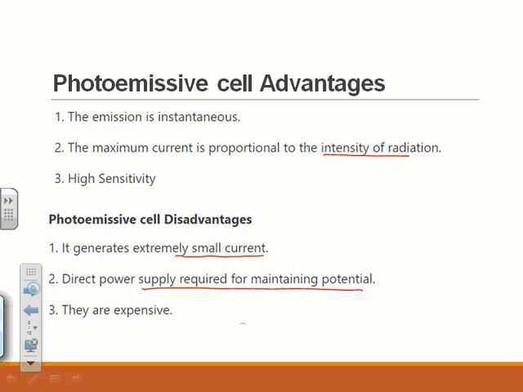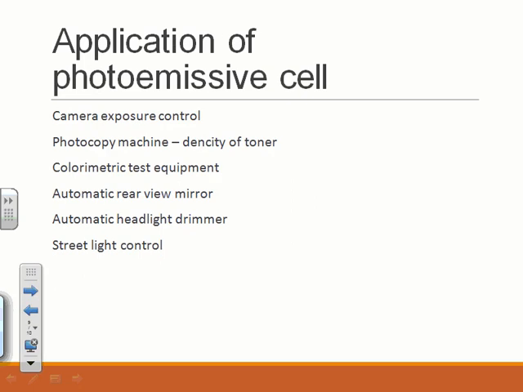Then let us see the applications. It is used in camera exposure controllers, photocopy machines for checking the density of the toner, and colorimetric test equipment. It is mainly used in medical laboratories for testing blood, urine, etc. That is, automatic testing machines use this colorimetric effect.